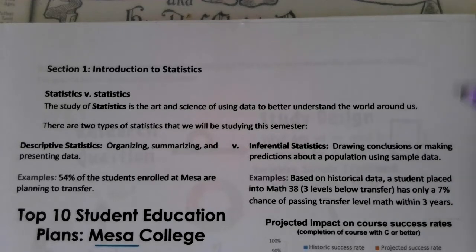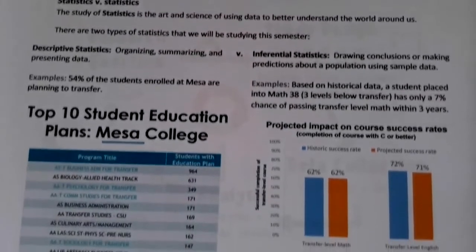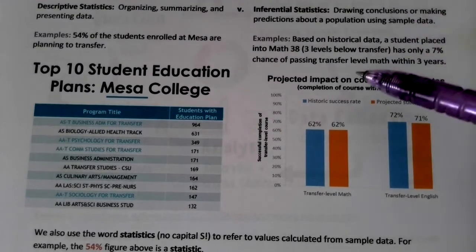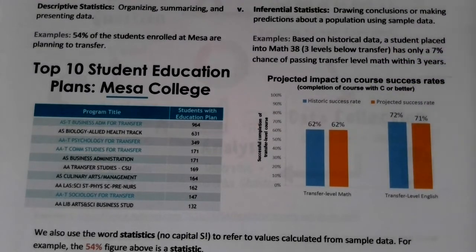Inferential statistics is drawing conclusions or making predictions about a population using sample data. So here's an example. Based on historical data, a student placed into Math 38, 3 levels below transfer, has only a 7% chance of passing transfer level math within 3 years.